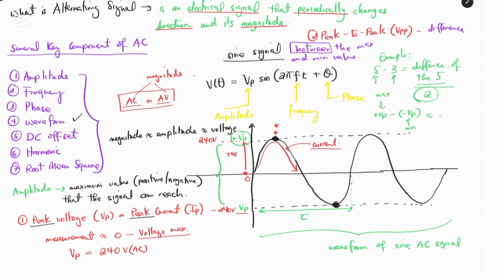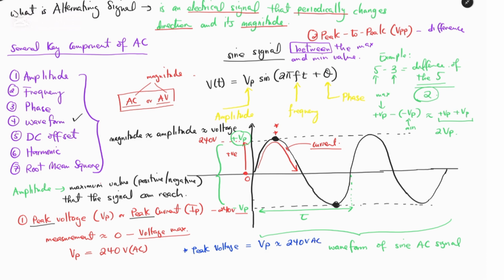Therefore, we have plus Vp plus Vp, which gives us 2 Vp. So if they ask you to find the amplitude in a peak voltage, it is nothing but the Vp, and in this example it will be 240 volts AC.